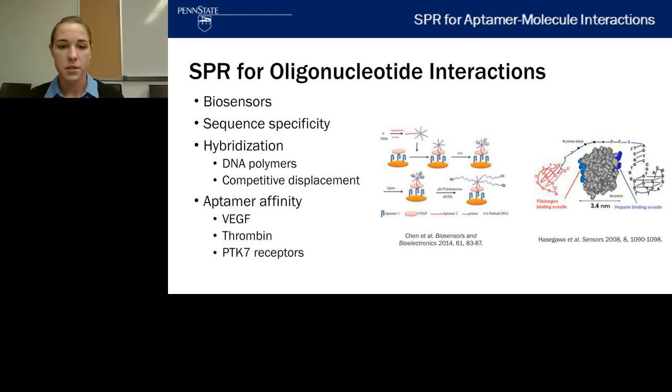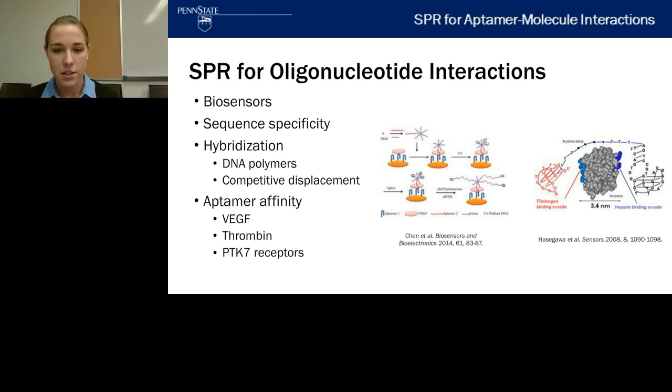Our group uses surface plasmon resonance in many ways, but other groups are also very interested in using surface plasmon resonance to look at oligonucleotide interactions with other biomolecules. So some of these applications are listed here. Biosensors is a great application for surface plasmon resonance and oligonucleotides.